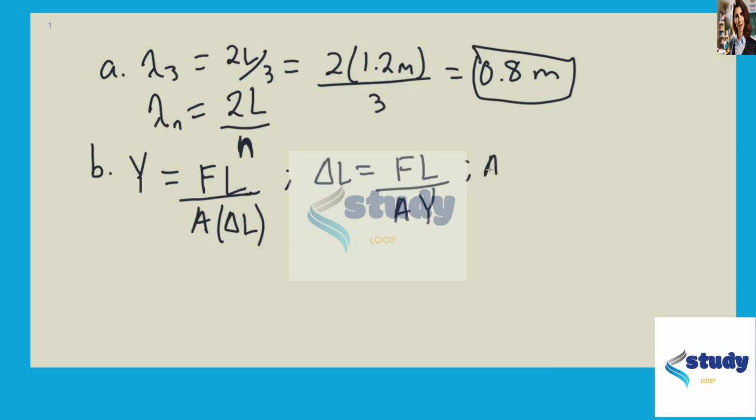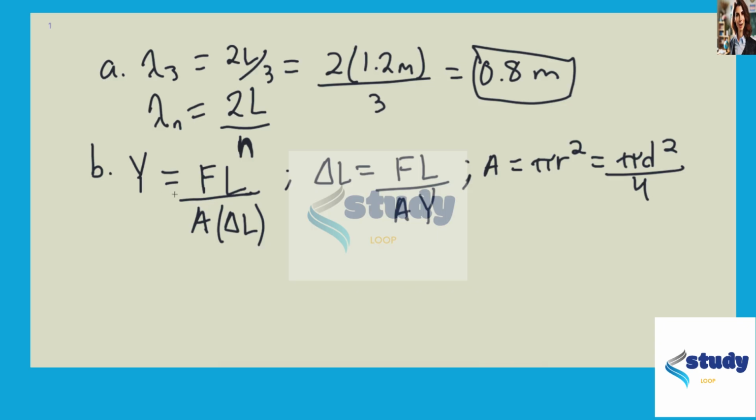And we know that the area is going to be equal to pi r squared, or pi d squared over 4. Young's modulus is also called the modulus of elasticity.